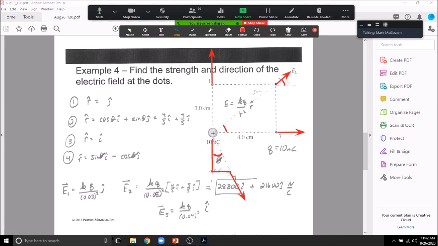And the opposite side goes with sine, but that's the x component. That x component is positive, so I get sine phi i hat. And this component is downward, so you put a negative cosine phi for your j hat. That would be the unit vector at this location.